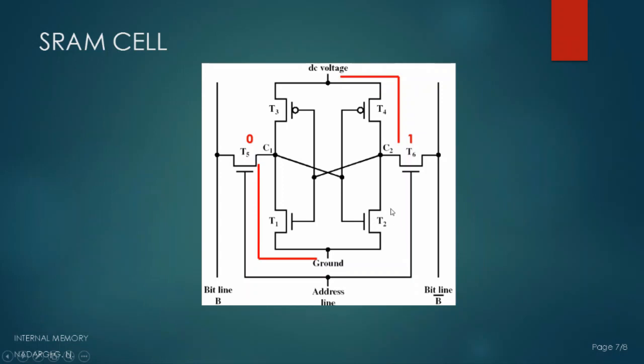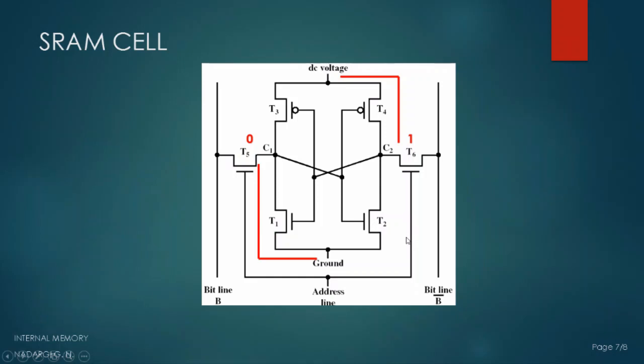Similar to DRAM, here the address line controls two transistors, that is T5 and T6. When the signal is applied to this line, the two transistors are switched on, allowing a read or write operation.